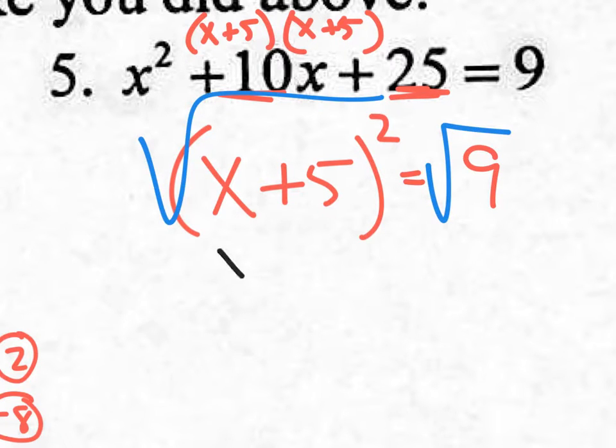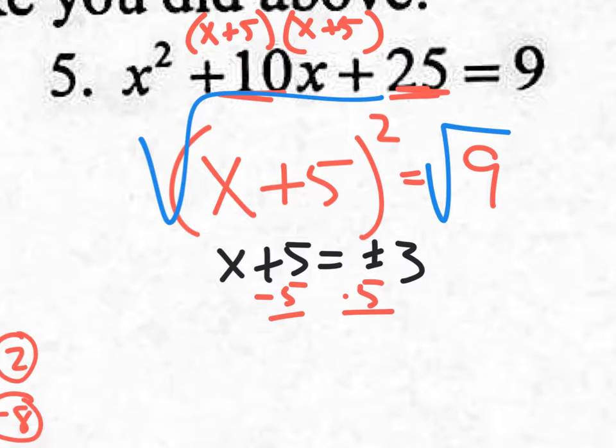And we will have x plus 5 equals plus or minus 3. So I'm going to get rid of that plus 5 by going minus 5, minus 5. And you're going to end up with x equals negative 5 plus or minus 3.